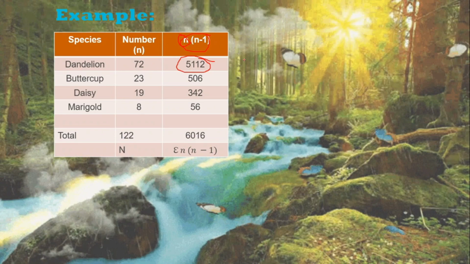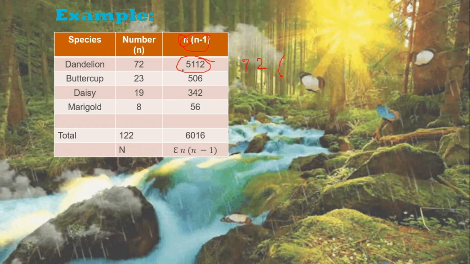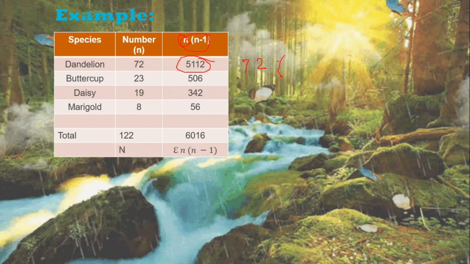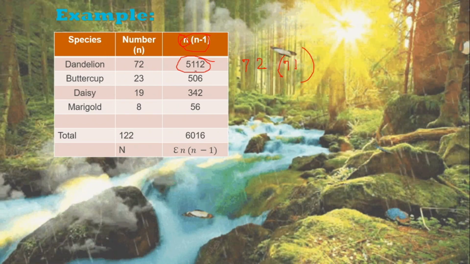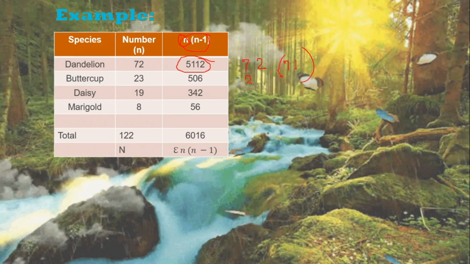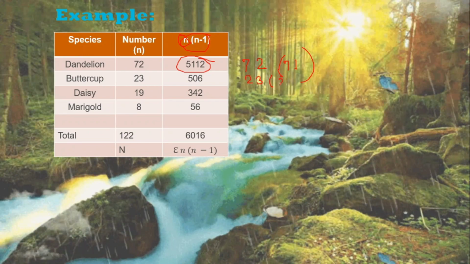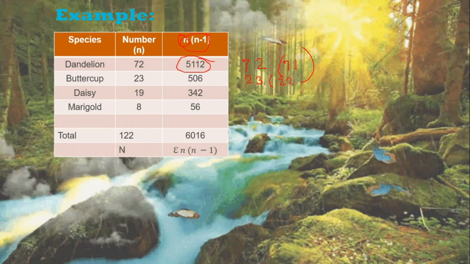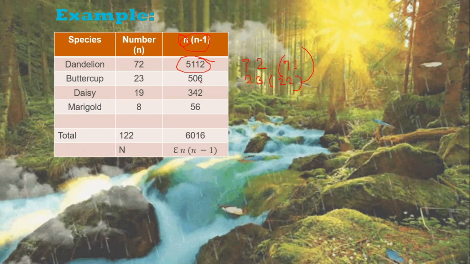For dandelion, you have 72 times 72 minus 1, which is 71. So 72 times 71 is 5,112. For buttercup, you have 23 times 23 minus 1, which is 22. So 23 times 22 is 506.